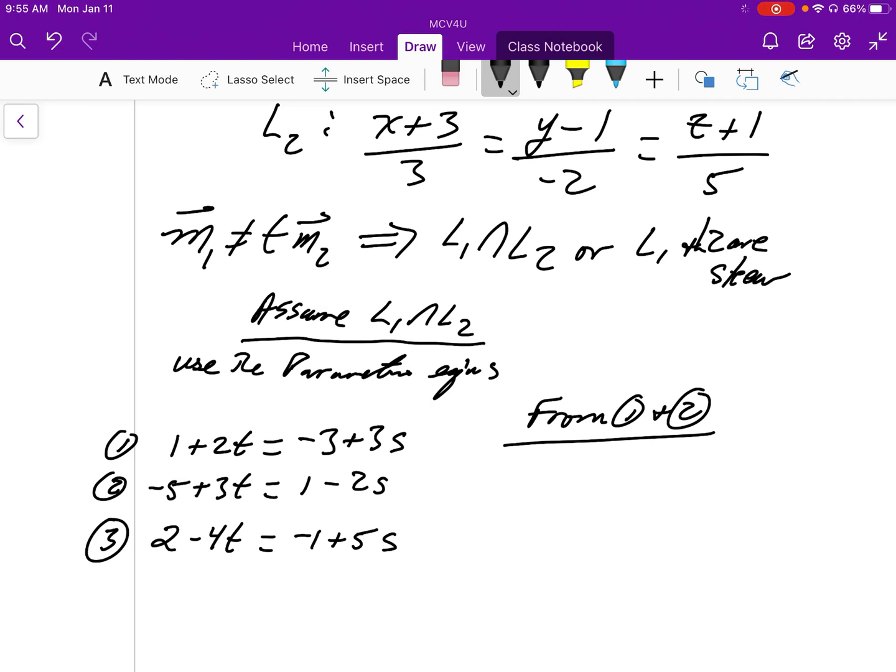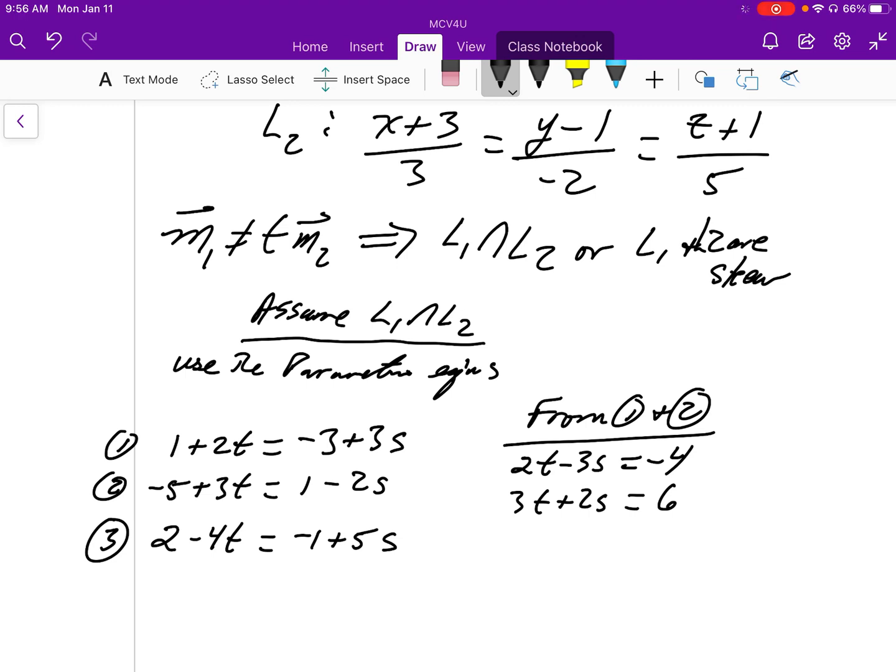I'm just going to rearrange this a little bit. I'm going to have 2t minus 3s equals negative 4, 3t plus 2s equals 6. All right.